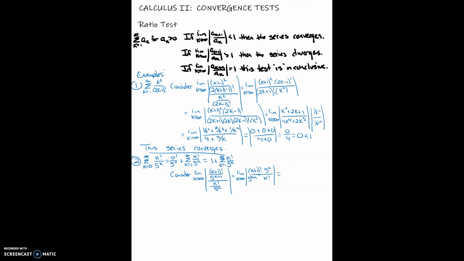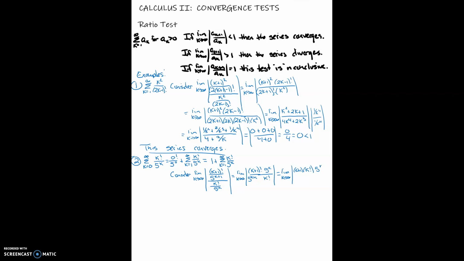All right, a couple things I want to do. I'm going to write out a couple of terms for the k plus 1 factorial. I'm also going to go ahead and rewrite this 5 raised to the k plus 1. We can rewrite that using our properties of exponents. So our terms now become, let's see, we've got k plus 1 times simply k factorial.